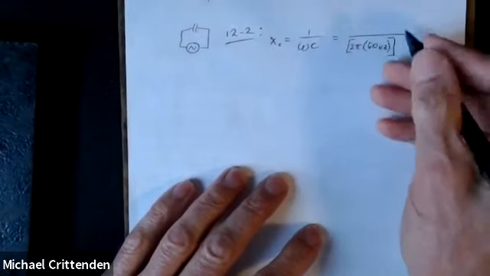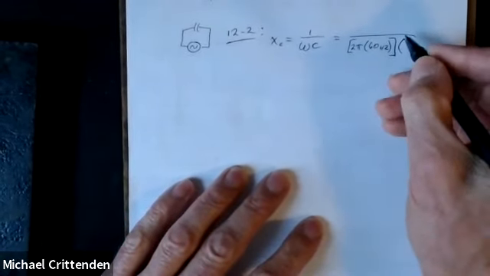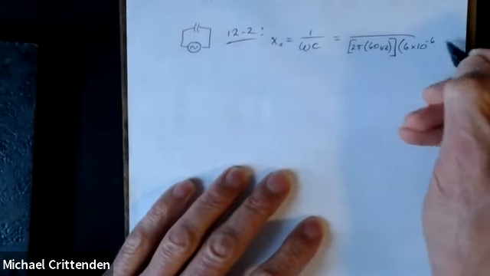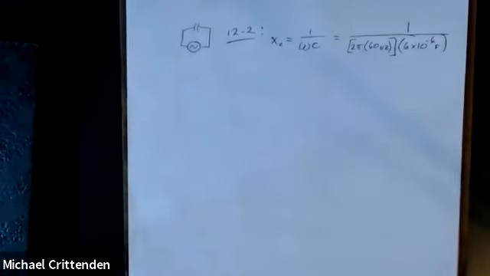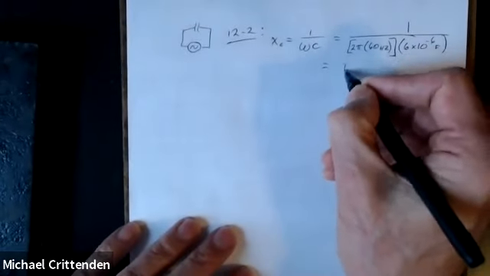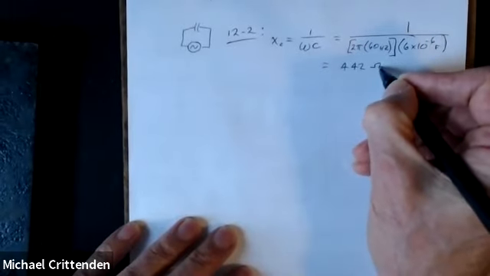Yeah, that's right. Convert microfarads to farads. 6 times 10 to the negative 6. And that comes out 442 ohms.